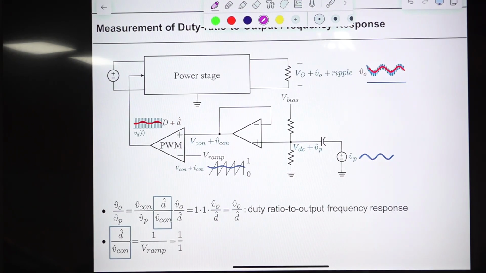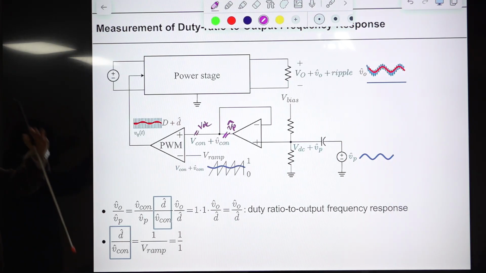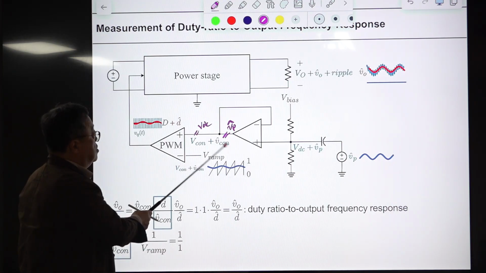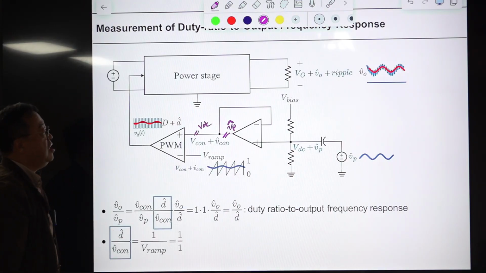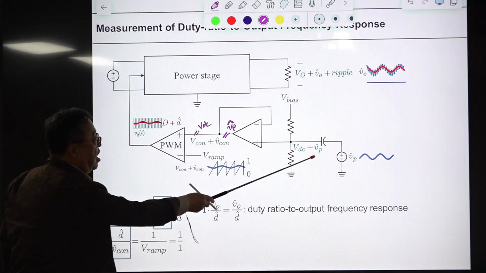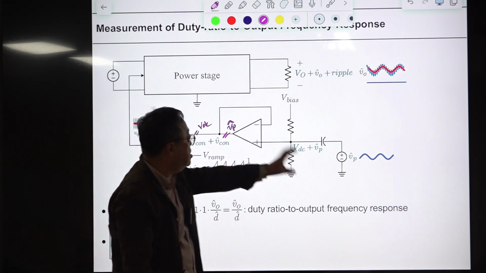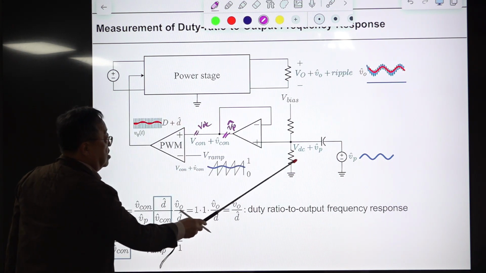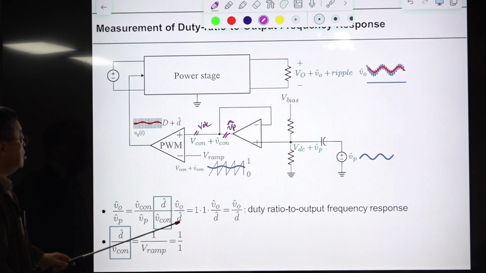Actually, this is VDC, and this one is VP hat. In Korean, it is called hat. So this is the small AC signal. It is an AC signal, and the amplitude of this is much smaller than this DC value. This is the small signal assumption.